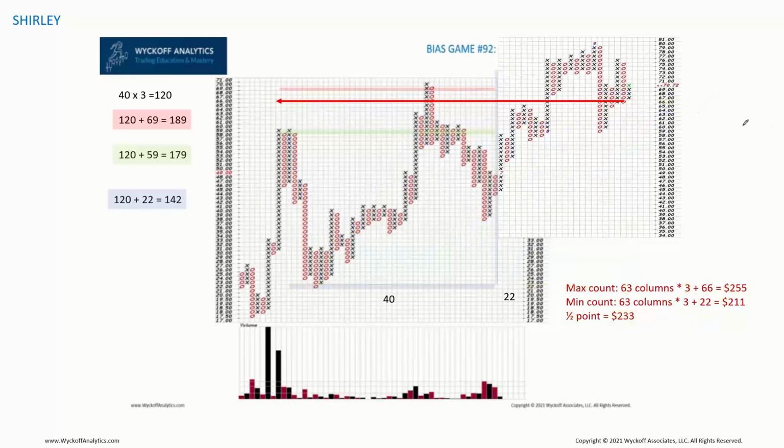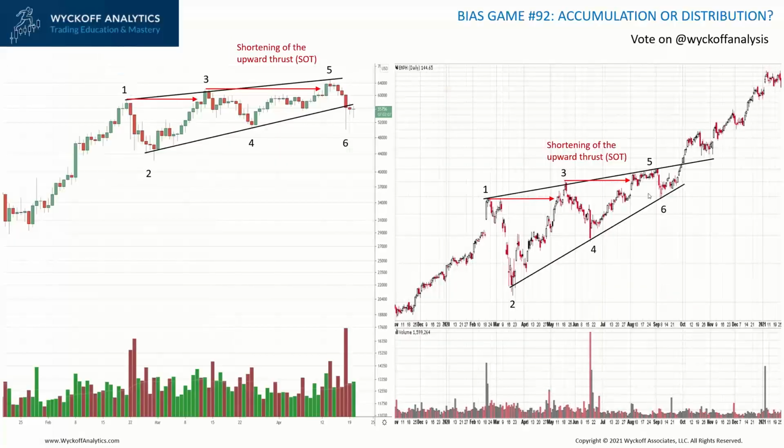And I would make an argument that this is an actual phase C. I would also make an argument, and here is this chart right here on the right, so we were taking this count right here, but point number 6 is probably the true phase C. So the count should be extended like this. And then this was the high here. I don't have the numbers here, but 230 was the high.